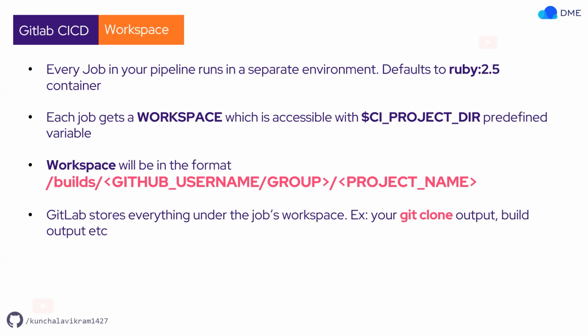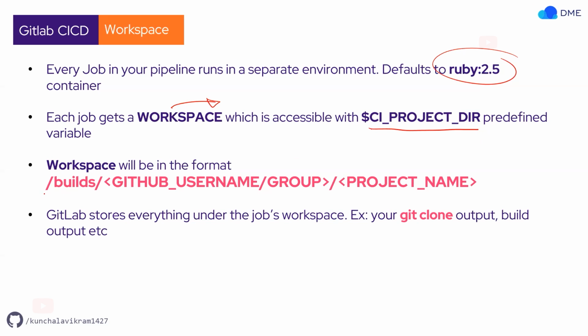Before that, let's understand what is workspace. As we already discussed, every job by default runs inside this Ruby 2.5 container. Within this container, there is a workspace where your whole job will run. If you have git clone as part of the CI pipeline, all the cloned contents will be within that job space, and that job space is known as CI_PROJECT_DIR.